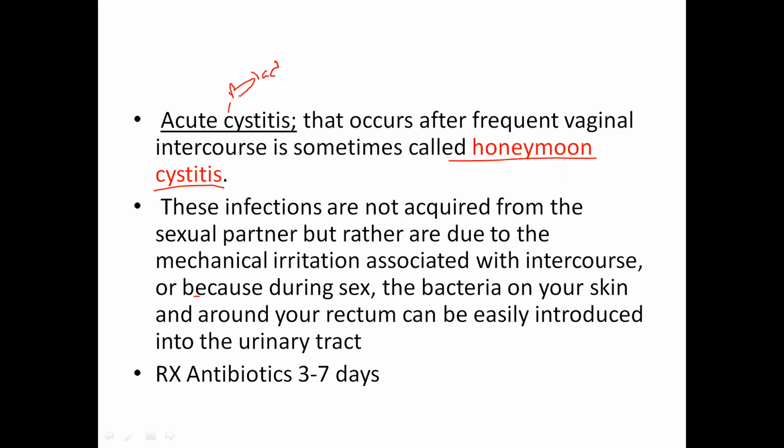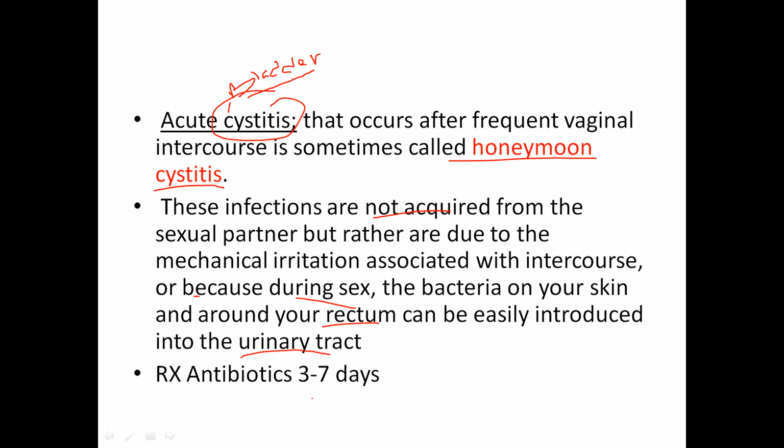That inflammation may be caused by infection, or other causes, but the most common cause of cystitis or bladder inflammation is infection. Those infections are not acquired from a sexual partner, but rather are due to mechanical irritation associated with intercourse, or because during sex, the bacteria on your skin or around your rectum can easily be introduced into the urinary tract.